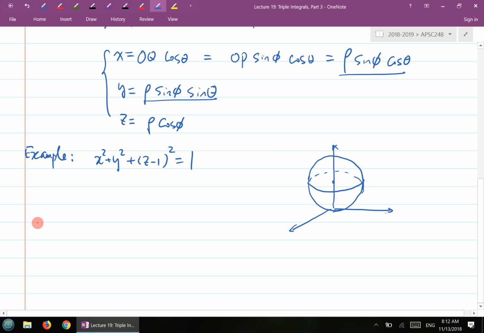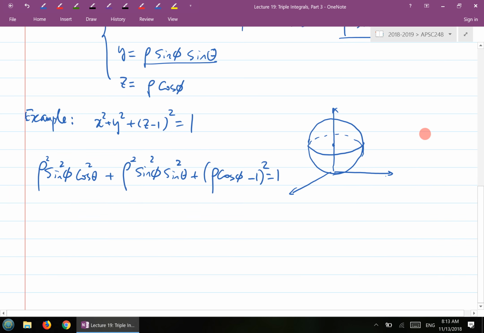So we get (rho sine phi cosine theta) squared, putting a square on each term. Similarly for y, rho squared sine squared phi sine squared theta. And for z, (rho cosine phi minus 1) squared equals 1. That's what happens after you directly substitute into the original xyz equation.